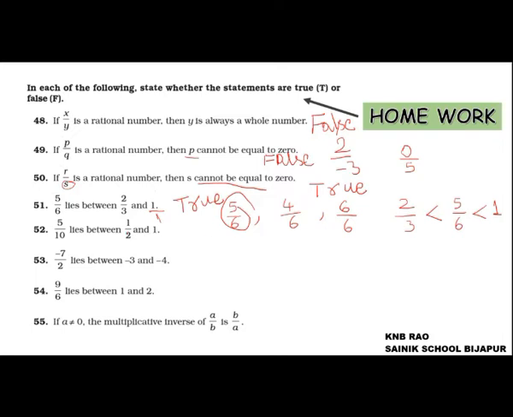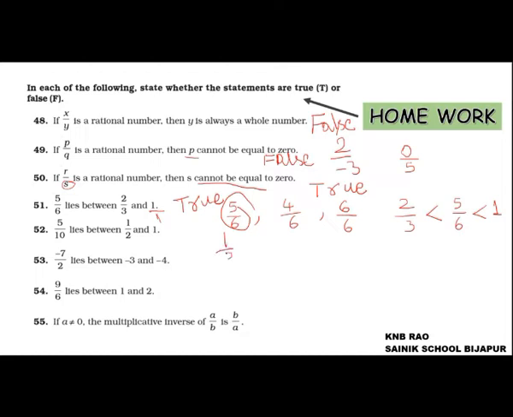Now, in the 52nd, the same type of question is given. 5 by 6 lies between half, that means 1 by 2, and 1. 5 by 10 is nothing but 1 by 2.